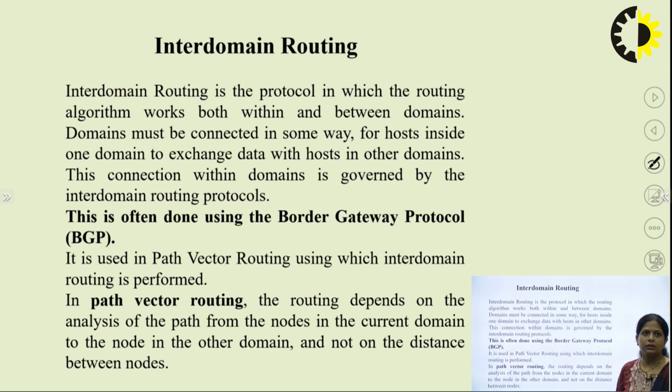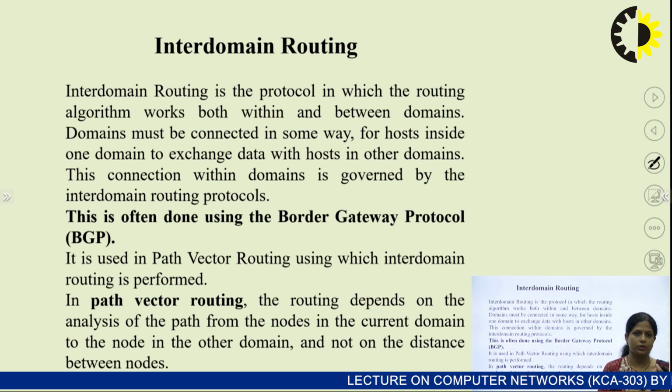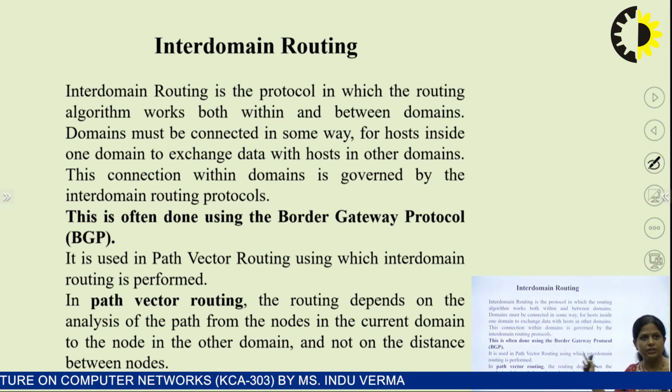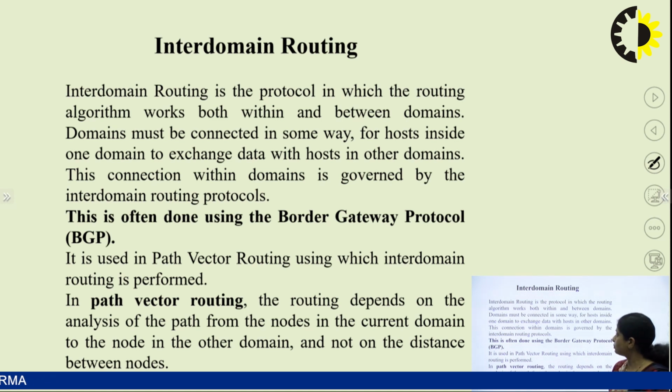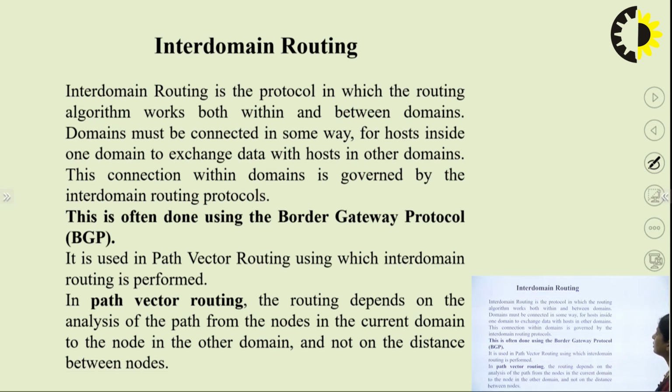So, the next category of routing protocols, as we have seen in the earlier slides, is interdomain routing. One was intradomain, the second is interdomain routing. Interdomain routing is the protocol in which the routing algorithm works both within and between domains. Domains must be connected in some way for a host inside one domain to exchange data with a host in another domain.